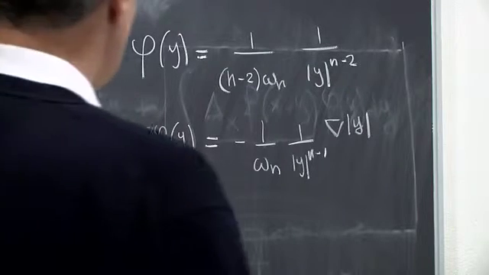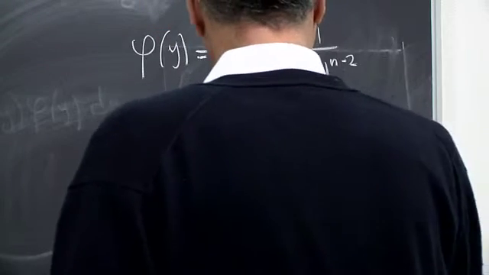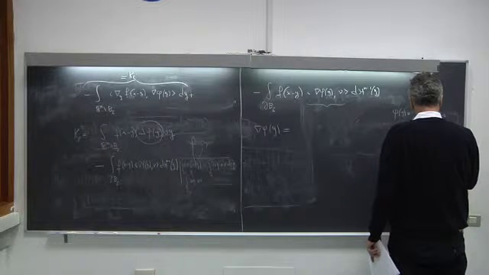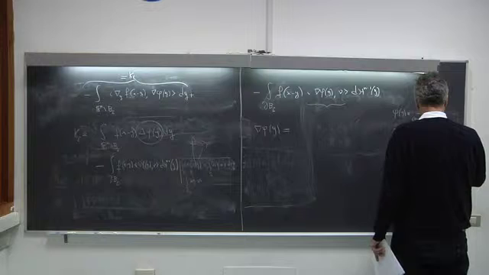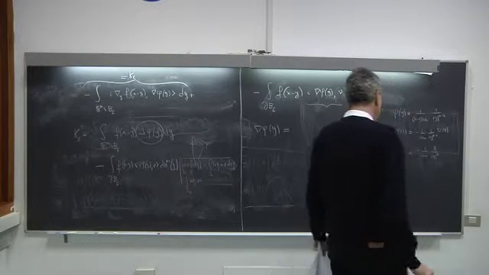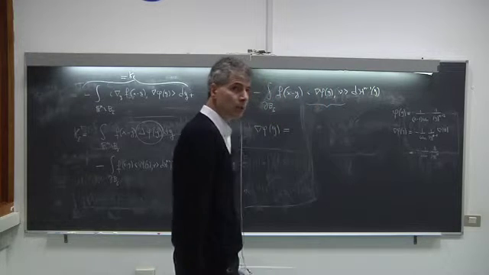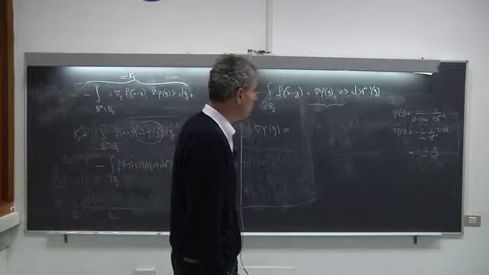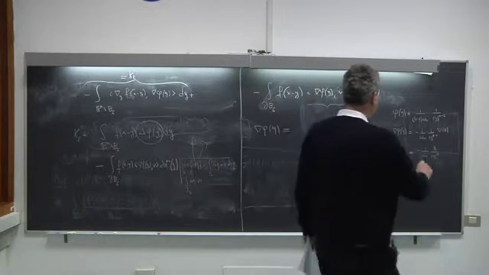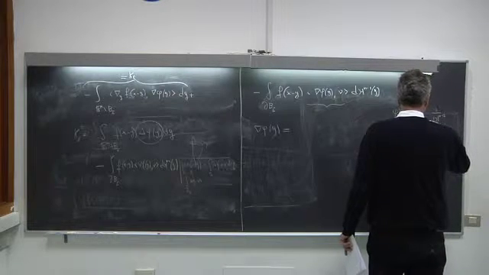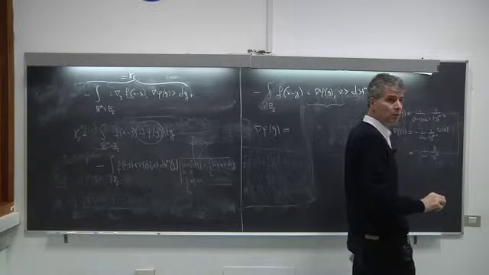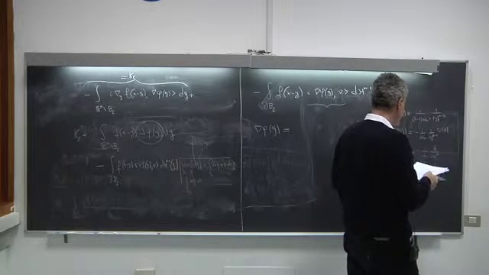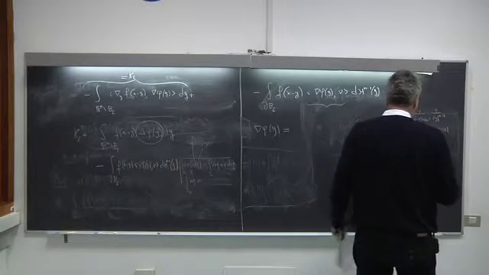And therefore, this is equal to minus 1 over omega n, y divided by |y| to the n. No, is there a mistake? There is an n missing here. I don't remember the constants. Maybe you're right.